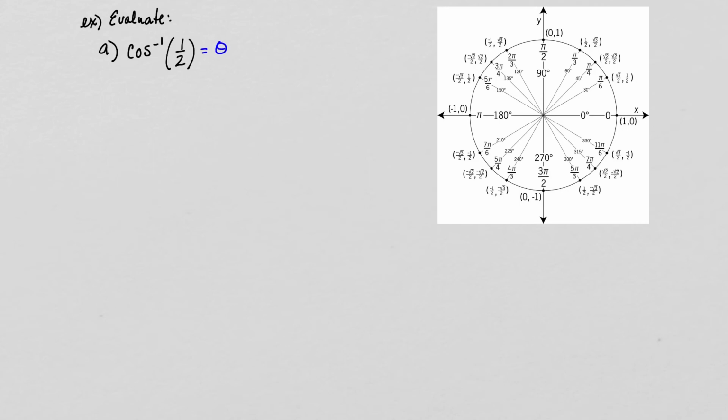If we think about this being equal to theta, we're saying the cosine of theta is equal to 1/2. And so we're looking for where the x value is equal to 1/2. And remember, inverse cosine is either here in quadrant 1 or here in quadrant 2. So we're looking for where the x value is equal to positive 1/2. It's equal to positive 1/2 at pi over 3. So the answer here is pi over 3.